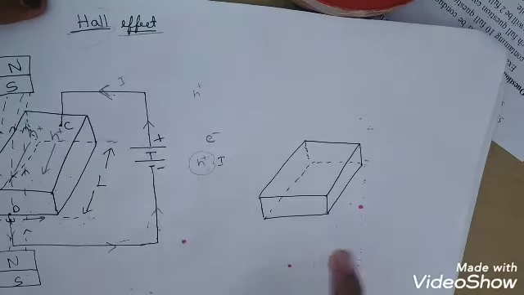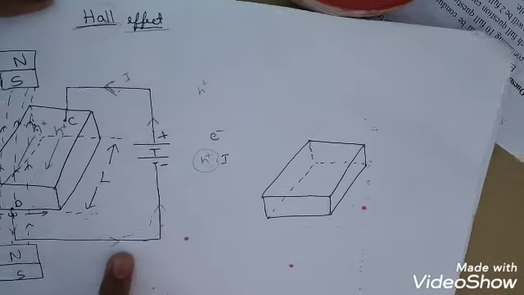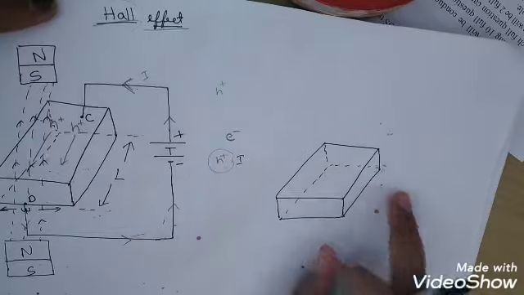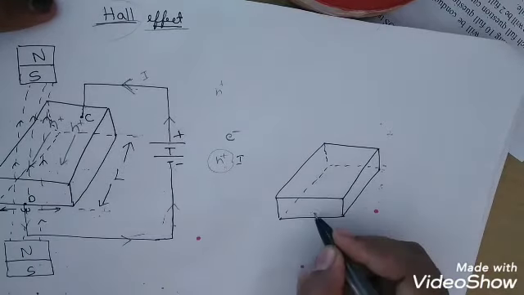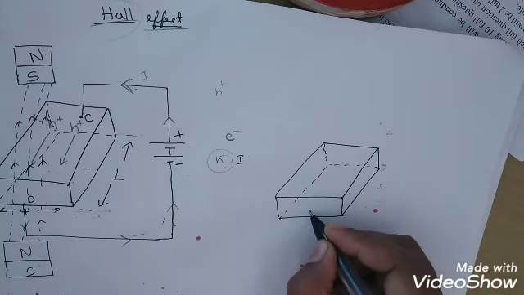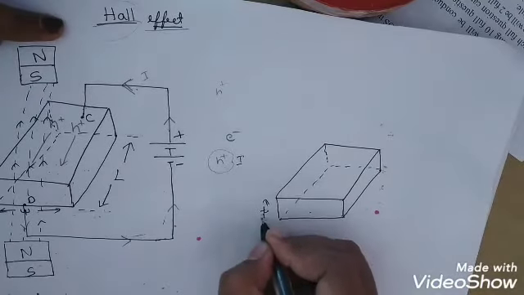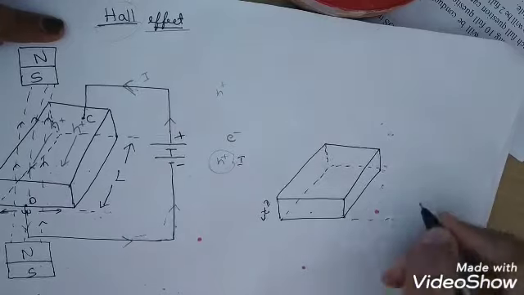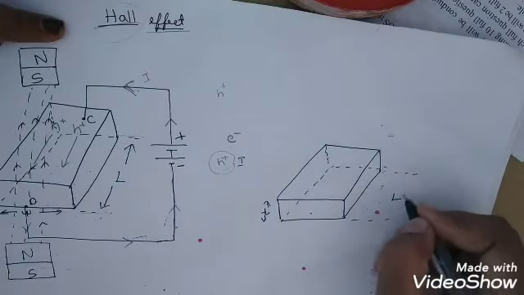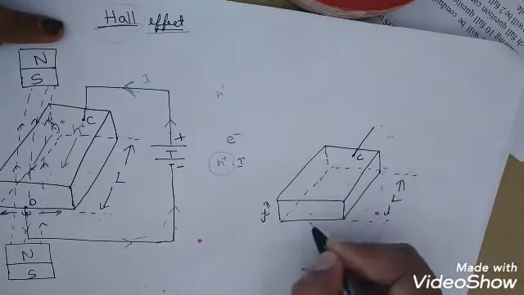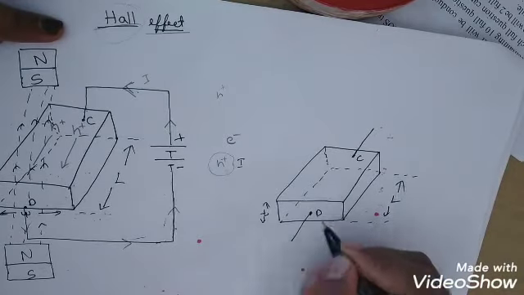In the textbook this is not given, they directly mention the final figure, so for understanding purpose I draw this one. This is the thickness of the semiconductor material, and current is entering at point C and leaving at point D.